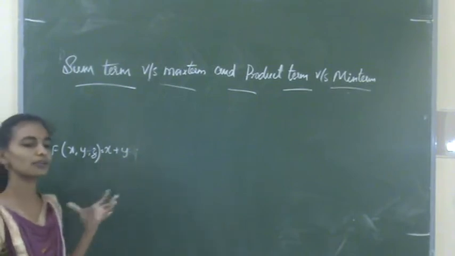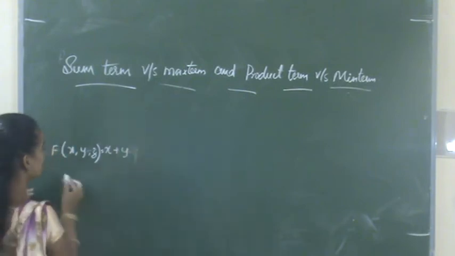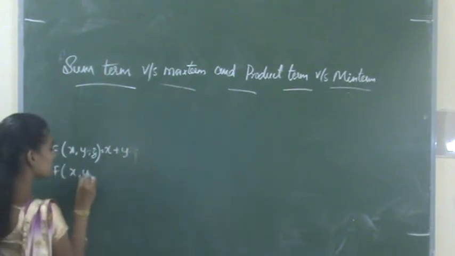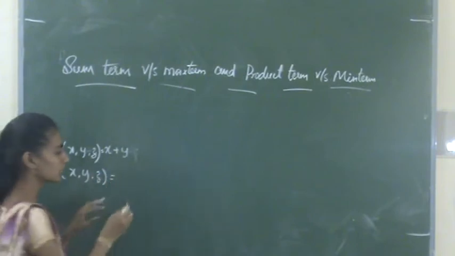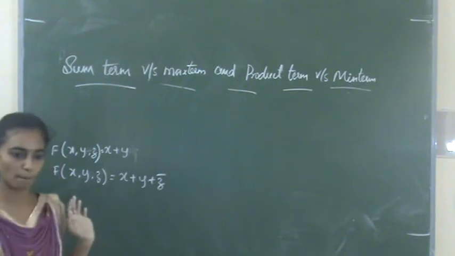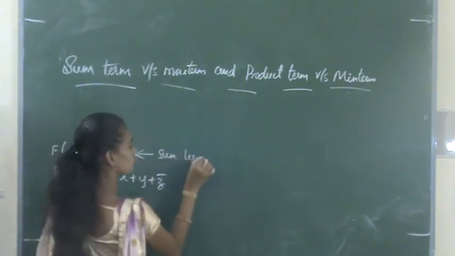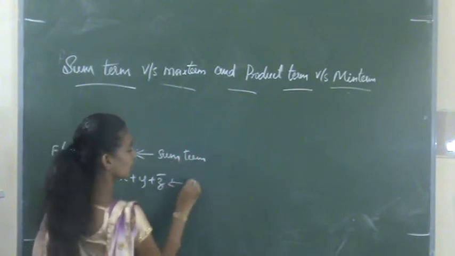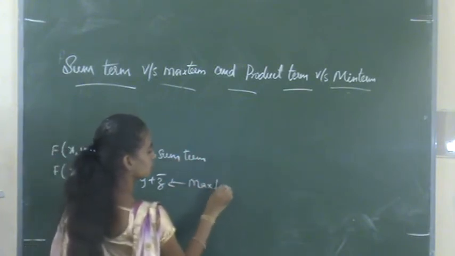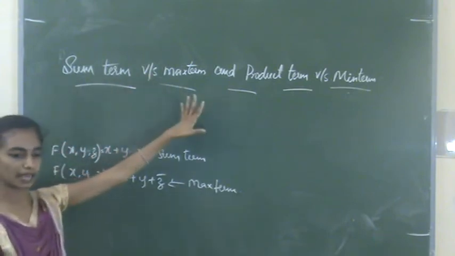But if we call it a max term, every variable has to be present, either as the variable or its complement. So this we call a sum term, and this we call a max term.